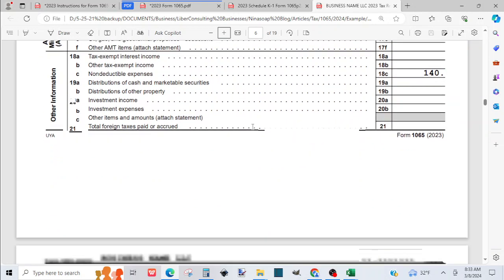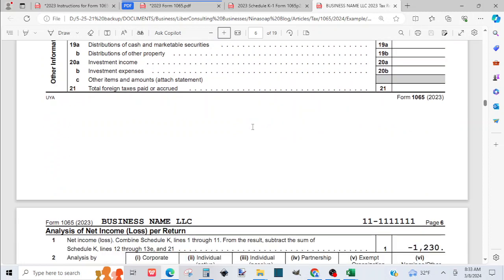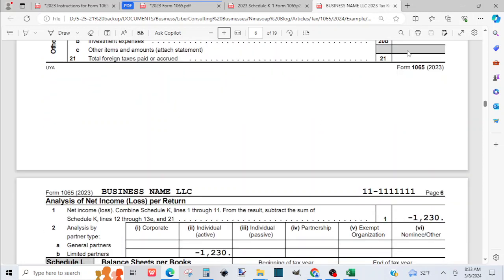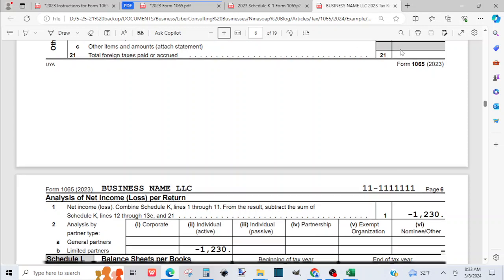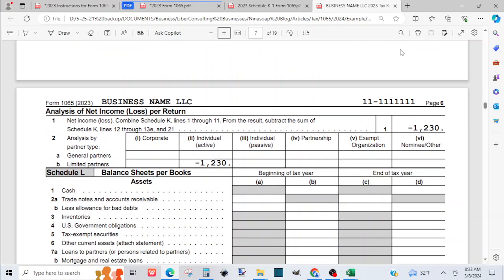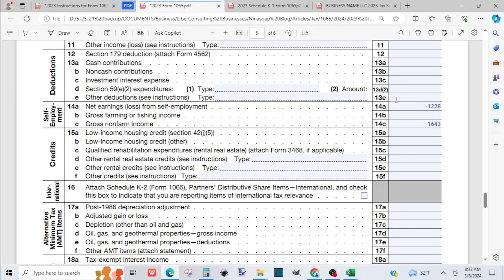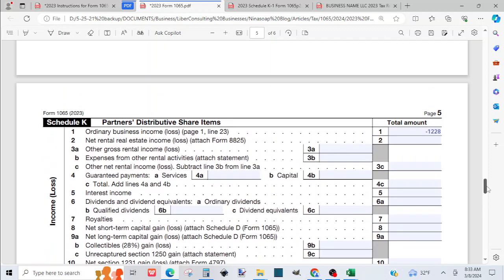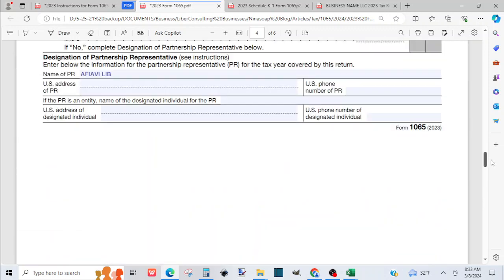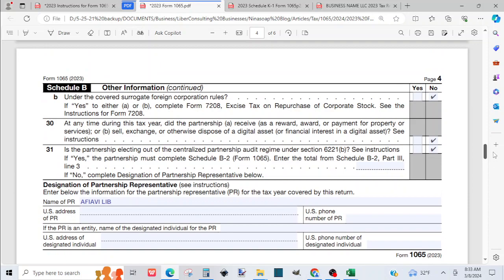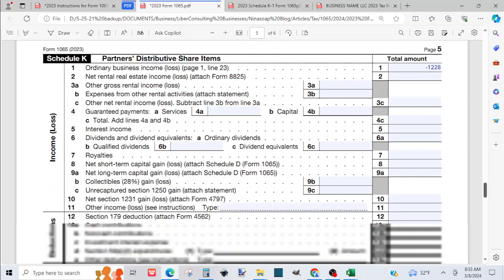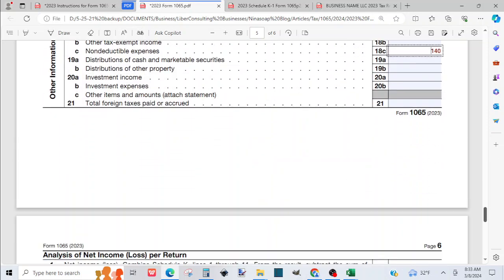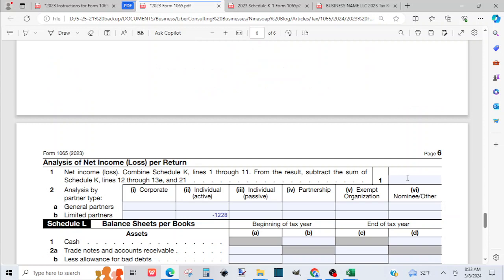And we have that non-deductible, and you can see that line by default is now... yeah, there is a line that I didn't complete on 1065. Let's go back to our Schedule K. Was it Schedule K? Yeah. No, that will be at the end of Schedule K. That is this line here.